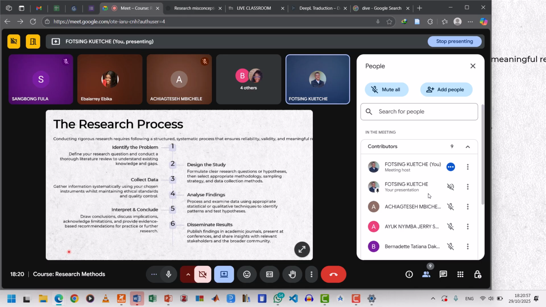Okay. Yes, that is a survey, but that is not descriptive research, because it depends on your goal. What's your goal when you are conducting the survey?